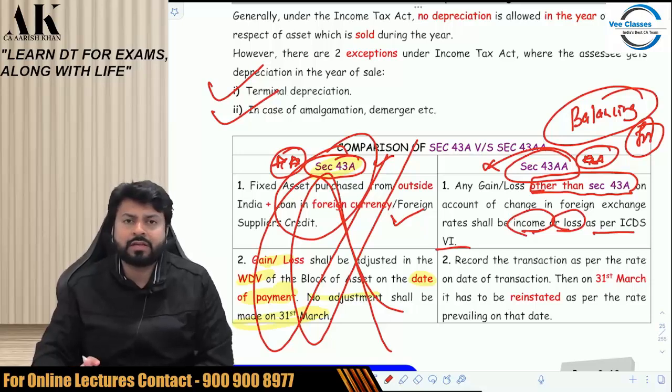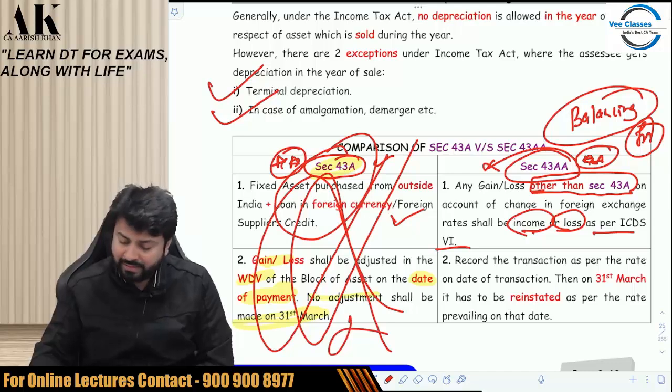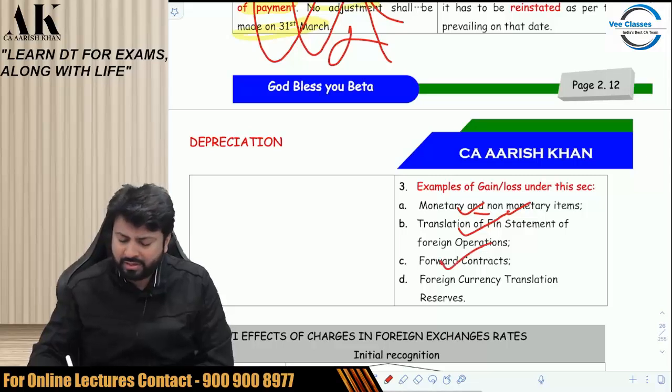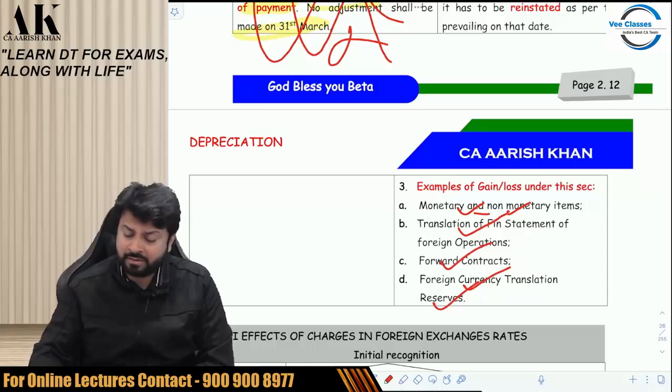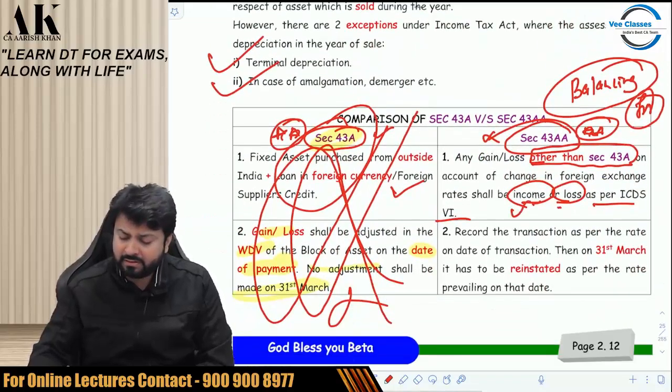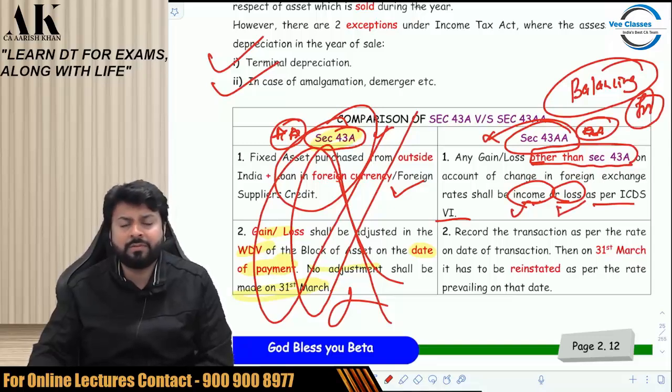Whatever gain or loss is coming apart from this, like monetary gain, non-monetary gain, translation of financial statement of foreign operation. These are some of the examples. Forward contract, foreign currency translation reserves, any kind of gain or loss. If it is a gain, then it is income. If it is a loss, then it will be allowed as a deduction to you, don't worry.